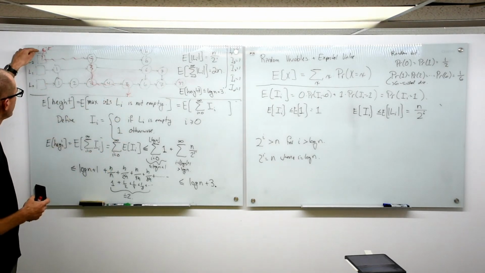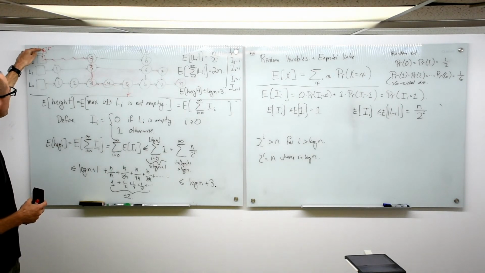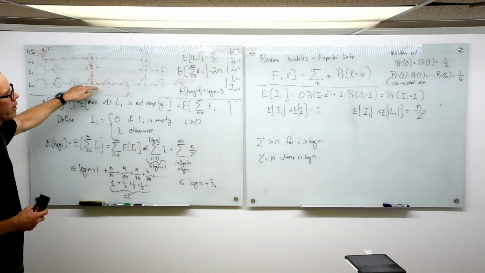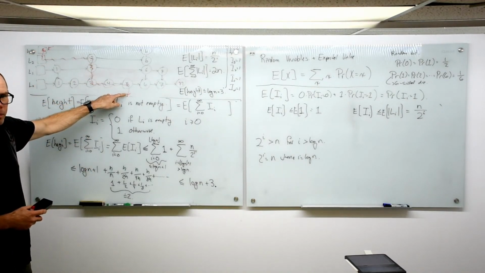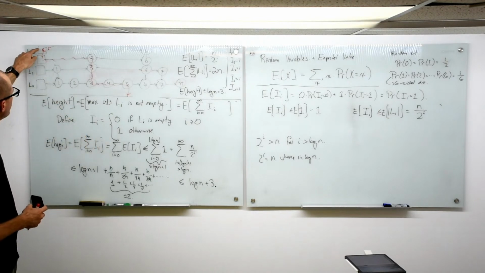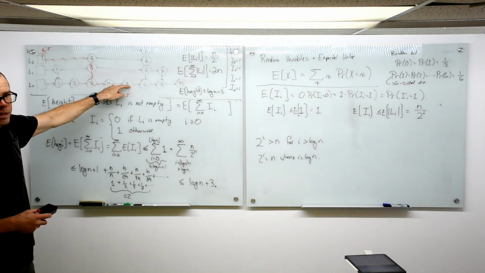So in particular, the search path takes 2 kinds of steps. There's steps down and steps to the right. And the number of steps down, well, that's the height, right? The number of times we have to go down is, well, we have to go down from here, from here, from here, and then from here. That's 4 times. It's exactly the height.